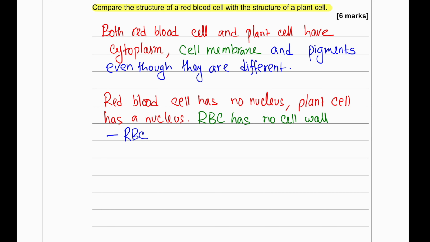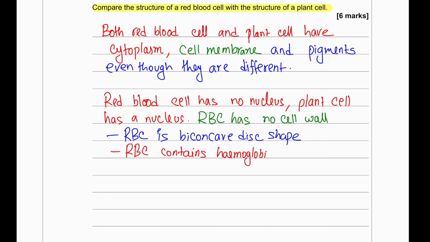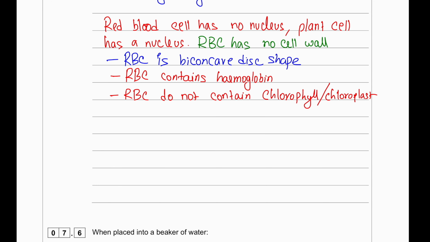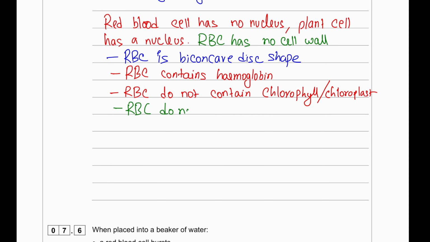Red blood cells have no chloroplast. Plant cells have chloroplast. Red blood cell has no permanent vacuole. Plant cell has a permanent vacuole. And red blood cells are much smaller than plant cells. So these are the indicative points for the differences. I'm going to give you all of the points. However, from similarities write 3, and from differences at least write 4 to make a total of 7 points so that the full marks can be achieved.